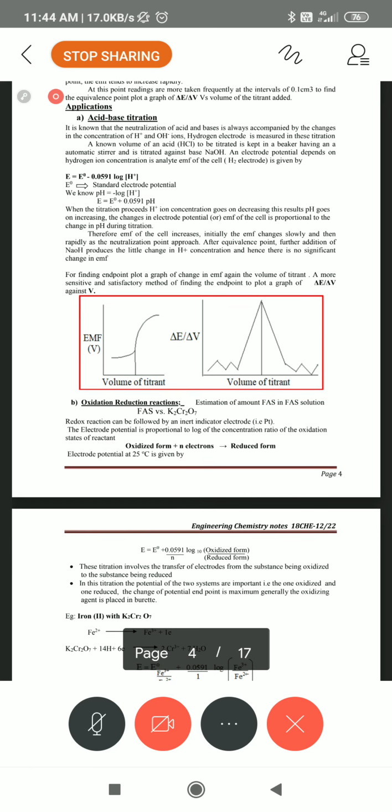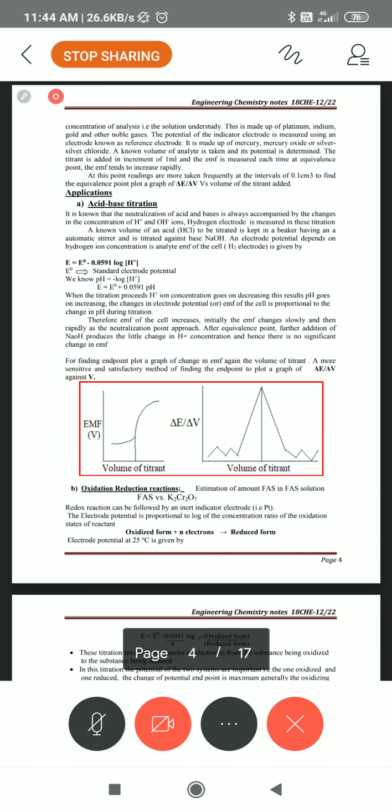Dissolve 1 gram, 2 grams, 3 grams or 5 grams in 1 liter, whatever you like. If you forget to note how much FAS was dissolved, don't waste it, keep it aside. Pipette out 25 ml of the unknown FAS solution into the beaker.